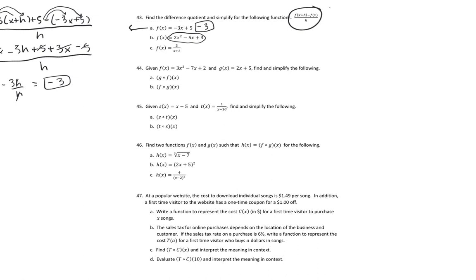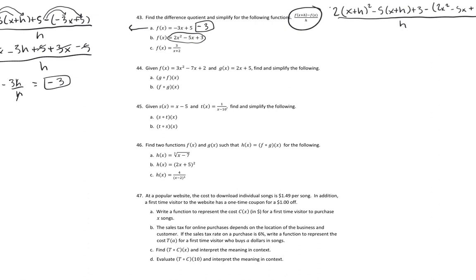So that's going to be 2 times, instead of x, it's going to be x plus h squared, minus 5 times x plus h plus 3, and then minus our whole f of x function again, so it's going to be minus the entirety of 2x squared minus 5x plus 3, and that's all going to be over h.